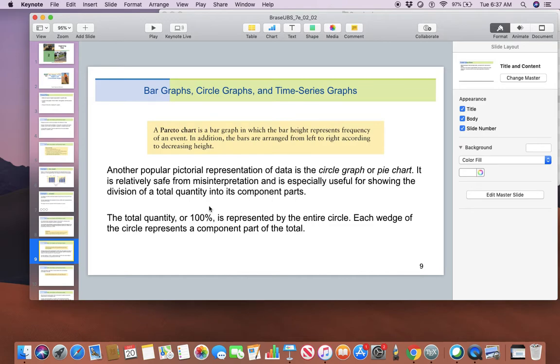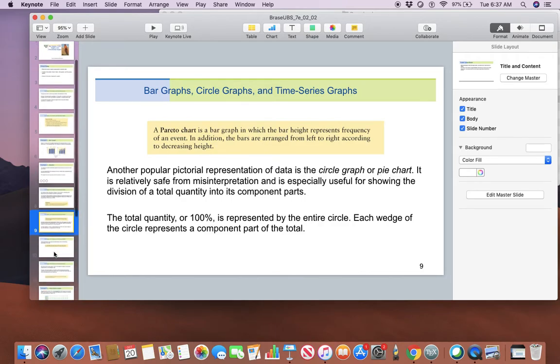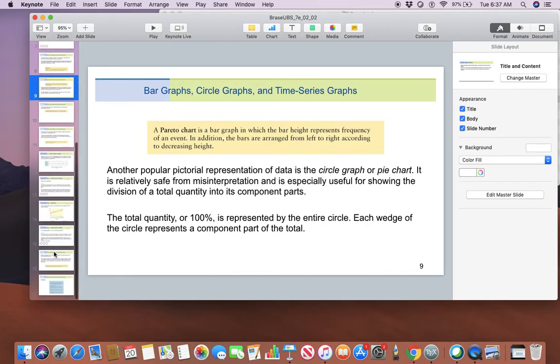All right. Another popular pictorial representation is the circle graph, or the pie chart. It is relatively safe from misinterpretation and is especially useful for showing the division of a total quantity into its component parts. So you have probably seen circle graphs or pie charts.